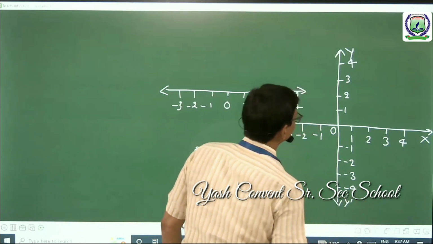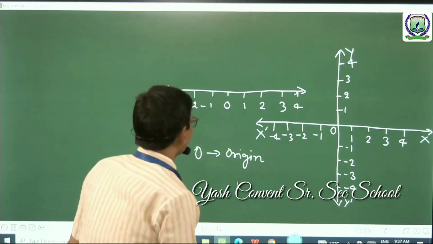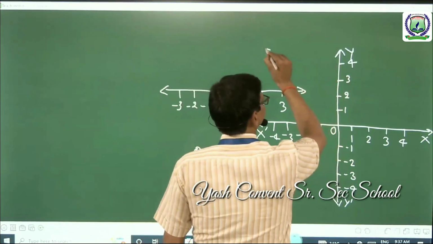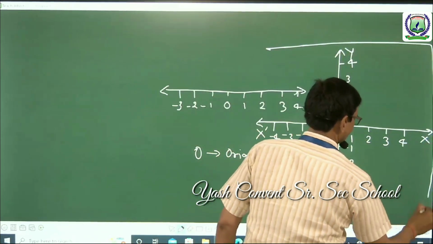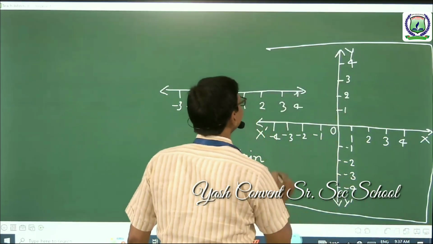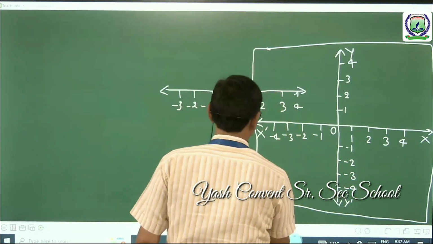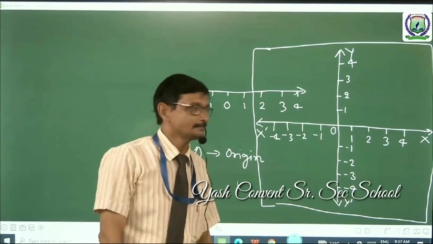Now see, this whole thing is known as the Cartesian plane or coordinate plane.